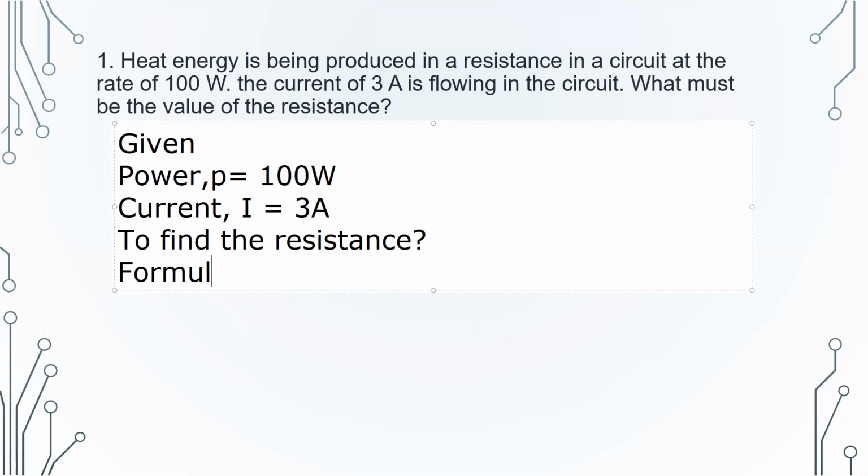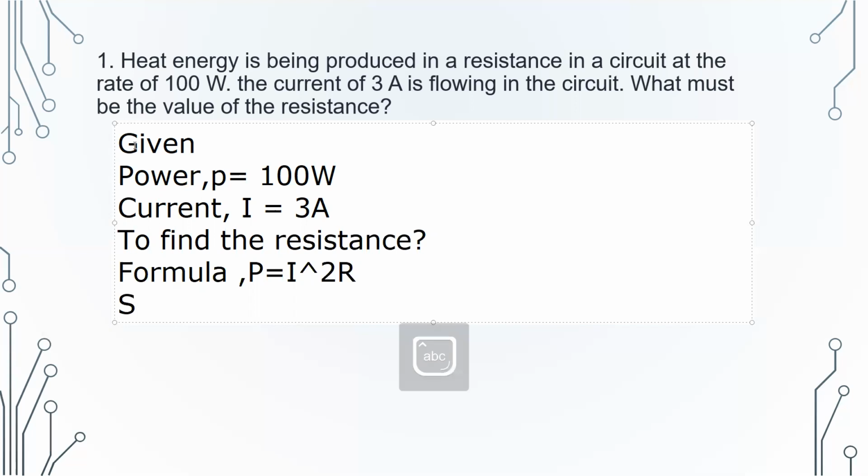So formula of P is equal to I squared R. From this, we can find out resistance R. So we will substitute the values. That is solution.